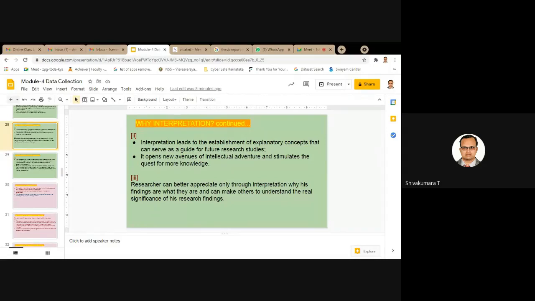So it opens new avenues of intellectual adventure and stimulates the quest for more knowledge. Interpretation also leads to establishment, as well as opening up new channels, new paths for intellectual knowledge growth, and it also stimulates the quest for more knowledge.